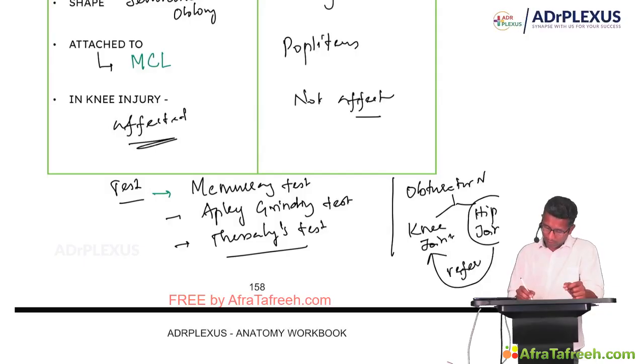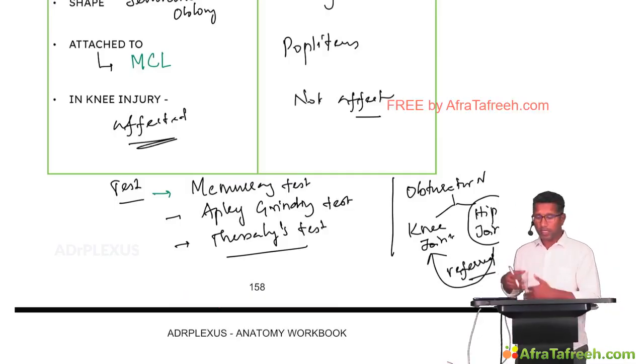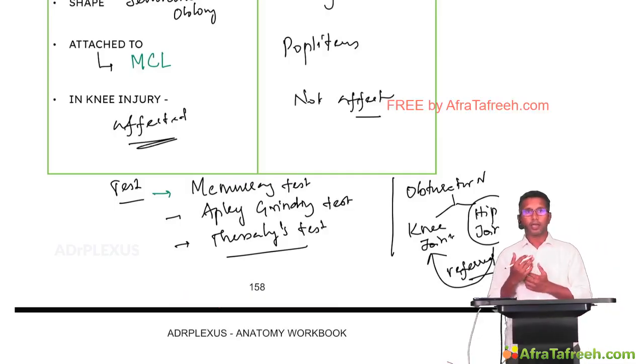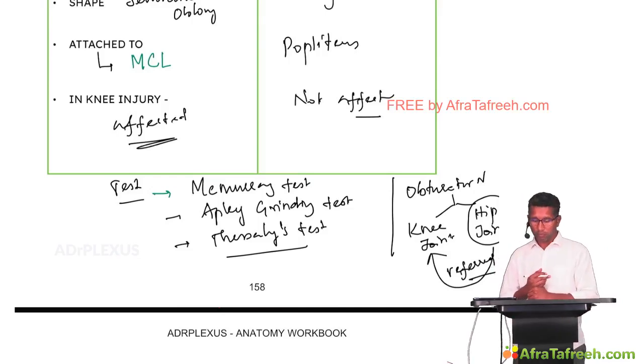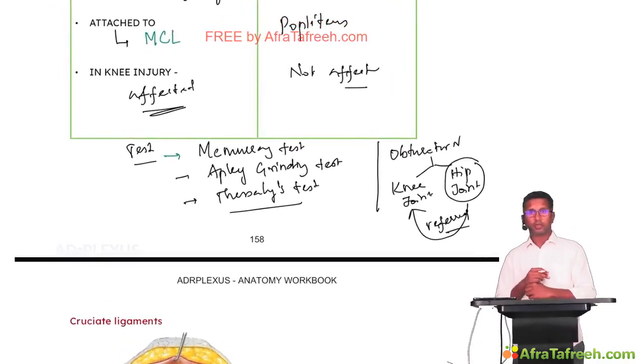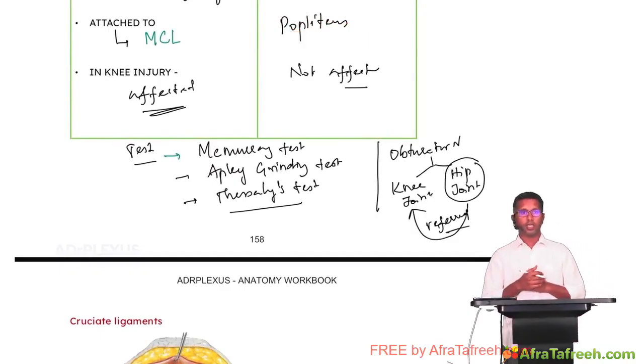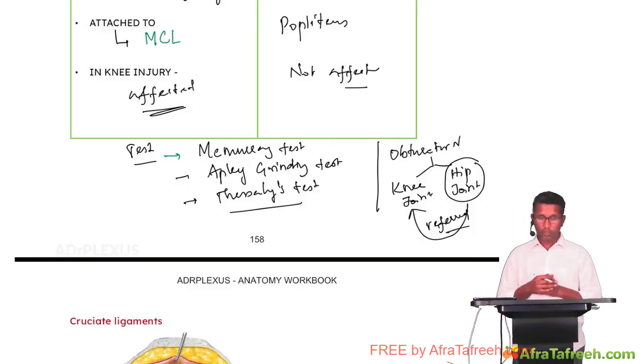Sometimes a patient has a pathology in the pelvic region or in the hip region, but presents to you with complaints of knee pain, while the actual pathology is higher up. Why? Because the obturator nerve supplies both the hip joint and knee joint. So if there is a pathology in the hip region, the pain can be referred to the knee. That is the importance of this dual nerve supply.